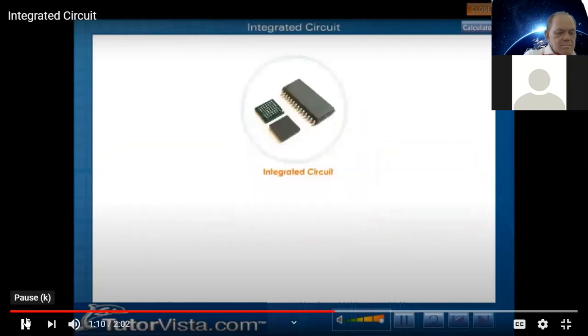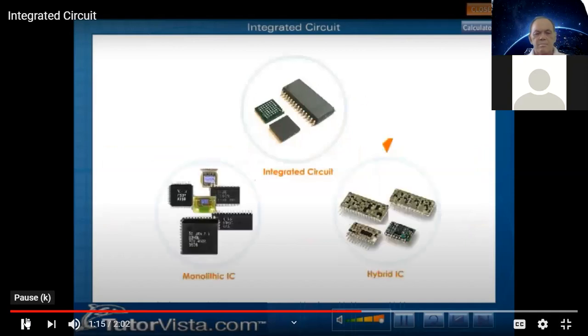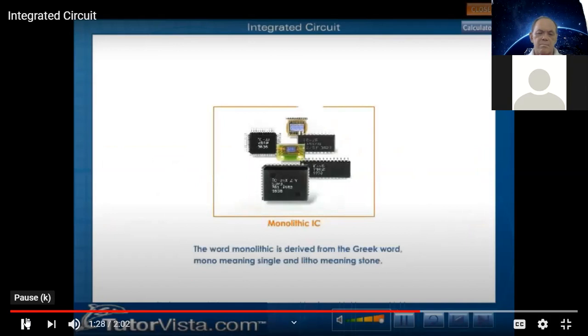Integrated circuits are categorized as monolithic ICs and hybrid ICs. The monolithic IC is a microcircuit consisting of elements formed on the surface of a common substrate. The word monolithic is derived from the Greek word mono meaning single and litho meaning stone.